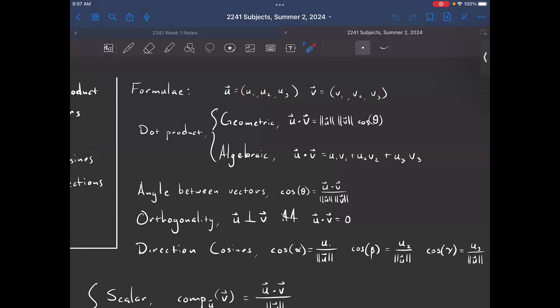All right, and then we have the geometric definition. And you can actually show that this definition implies this definition, and I might do that in an explanation video for this section. But the geometric definition says, all right, well, instead of doing this component-wise thing, I can just look at the lengths of the vectors, multiply them together, and then multiply by the cosine of the angle between them.